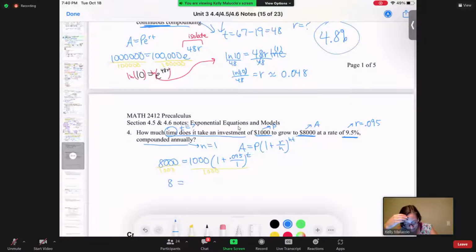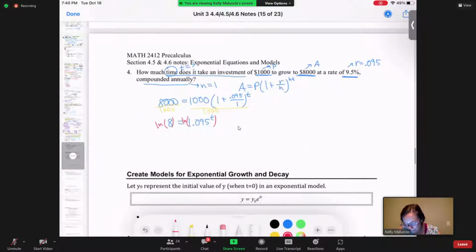So I'll get 8 equals 1.095 to the T. And now I can do my fancy trick, and this one doesn't matter if you use log or ln, they're going to get you the same thing. Nothing simplifies. So if you're that log person, go for it. I'm going to take ln of both sides. So I get ln 8 equals T ln 1.095. So I divide both sides by ln of 1.095.